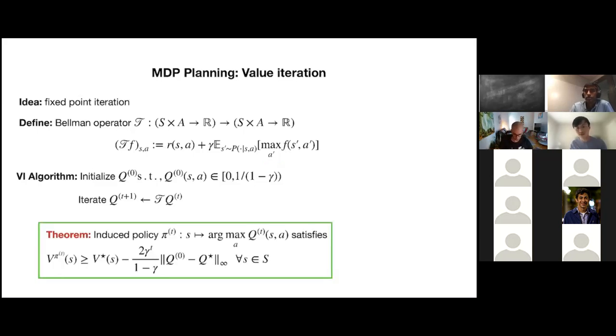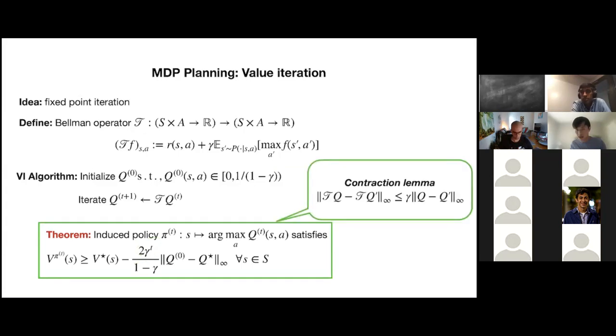In terms of the theorem, you can show that after t iterations, you will find a policy pi t whose value is very close to pi star, up to gamma to the power of t. So you find a pretty good policy; the optimality gap is roughly gamma to the power of t. The way we prove this is by showing that this fixed point iteration is a contraction map.